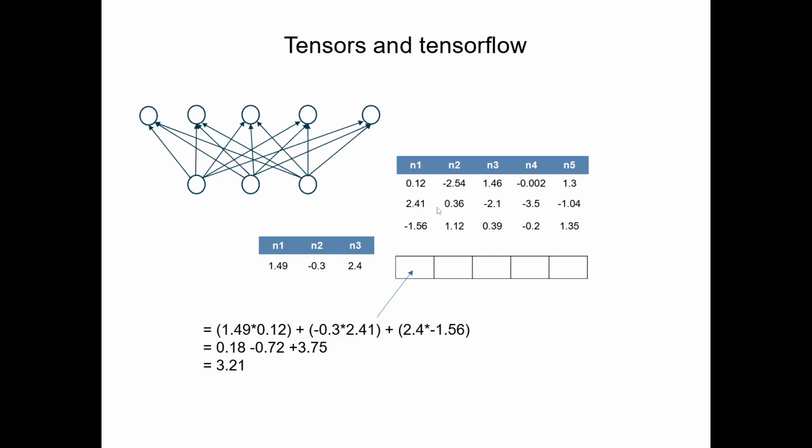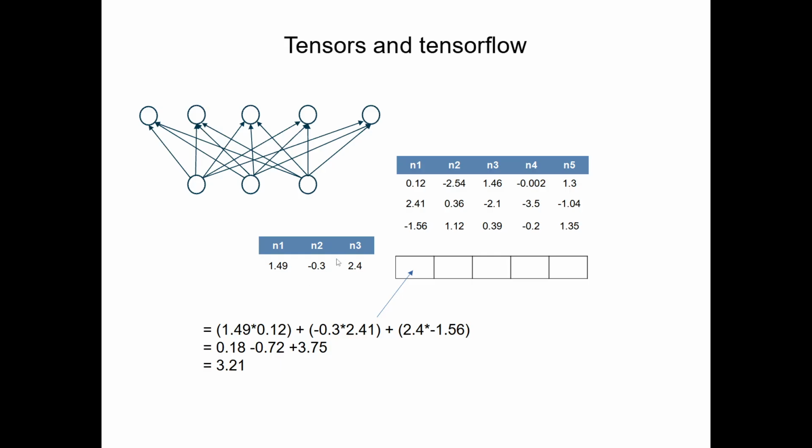Here is a 2-dimensional tensor, a matrix, which are the weights of each neuron of the second layer. And here is a 1-dimensional tensor, a vector, which represents the output of each of the neurons of the first layer. So to calculate the output of the first neuron of the second layer, we have to multiply the value of that neuron by the coefficient, the weight.